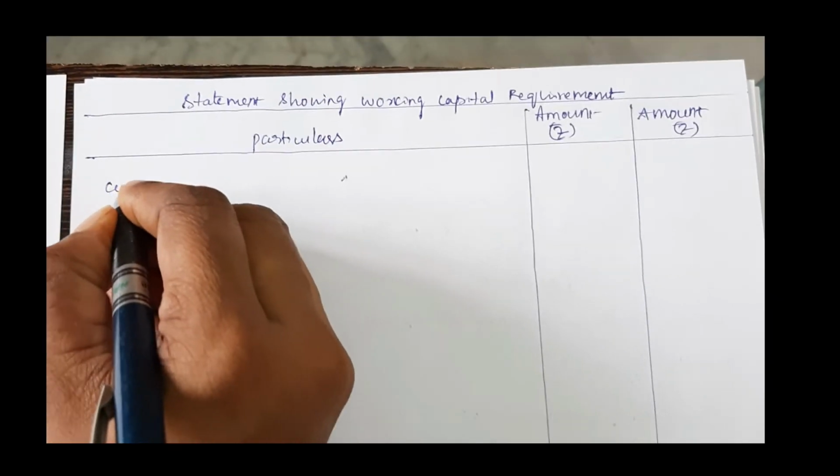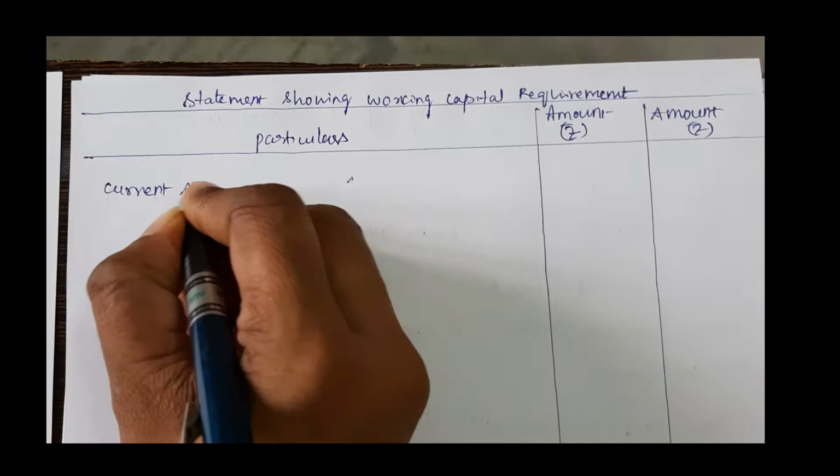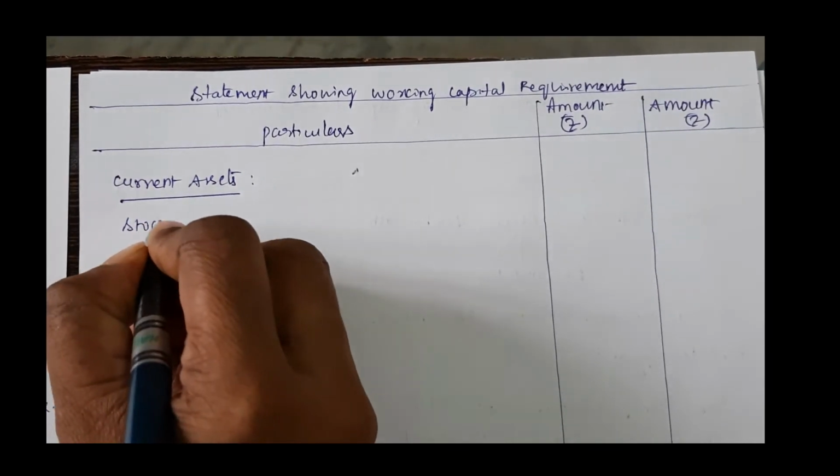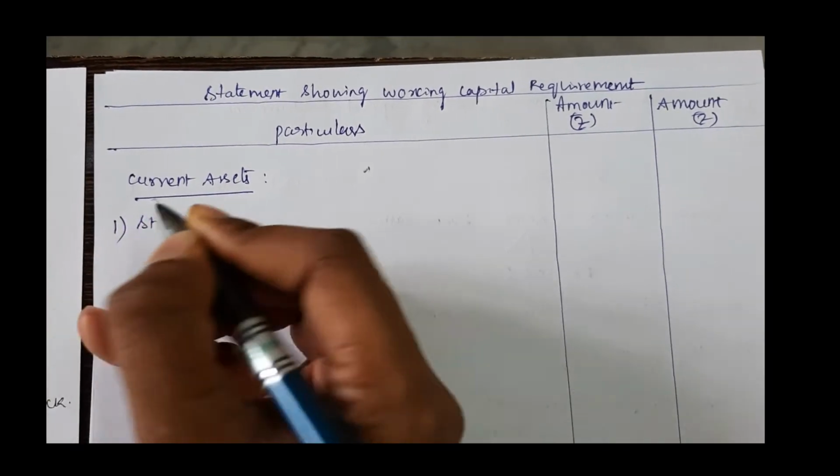So we have to write the estimation of current assets first of all. So these current assets include stock. First point, stock.